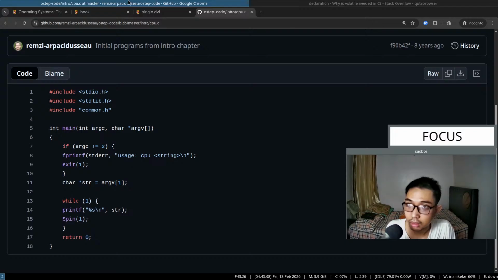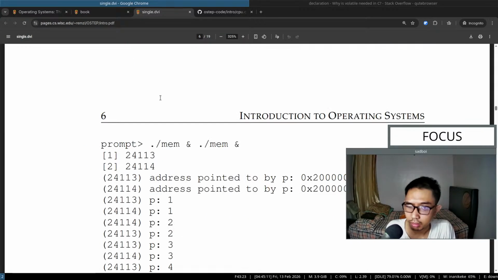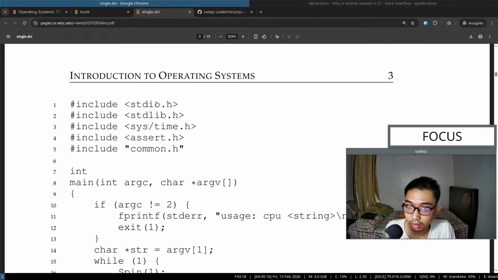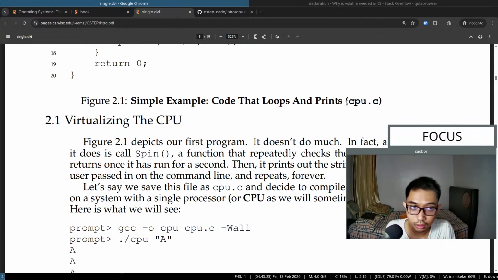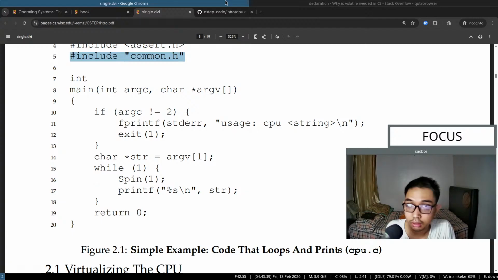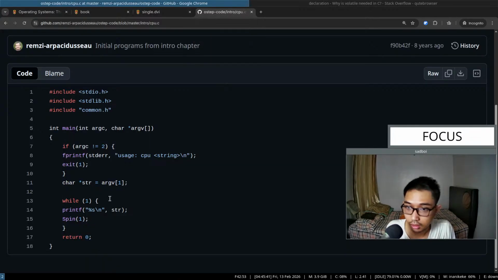Okay, right. I mean, in the previous one, I think this one, right? We don't really need to use this. See the CPU.c. We don't need this because, well, looks like we are already using that in here. Common.h, the header, right?